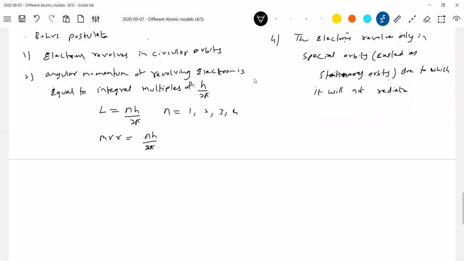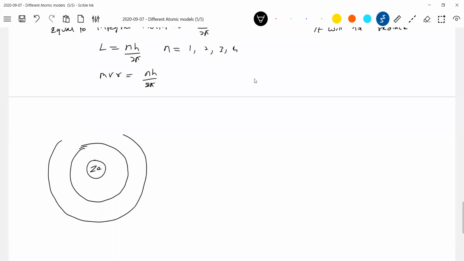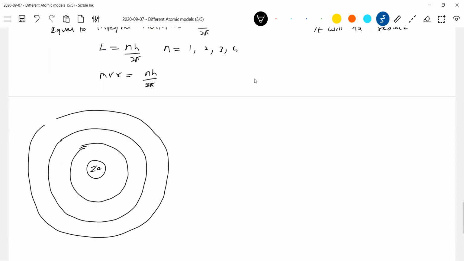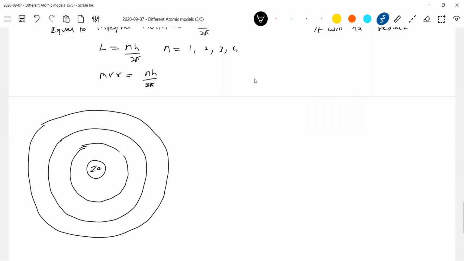How was he able to explain the hydrogen spectrum? If this is the electron at n = 1, and quantized states up to n = 3.